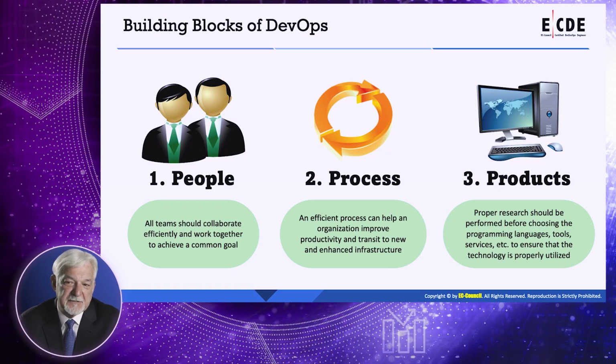As far as the products, you really do have a wide range of products that you can select from. So you need to take a close look at what all is available before choosing programming languages, tools, and services to ensure that the technology is properly utilized within the organization.